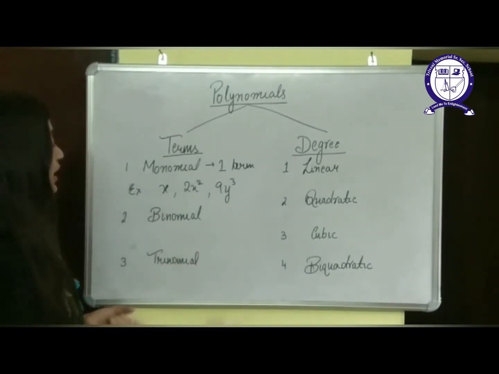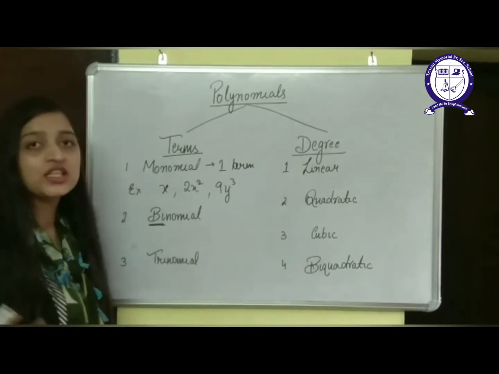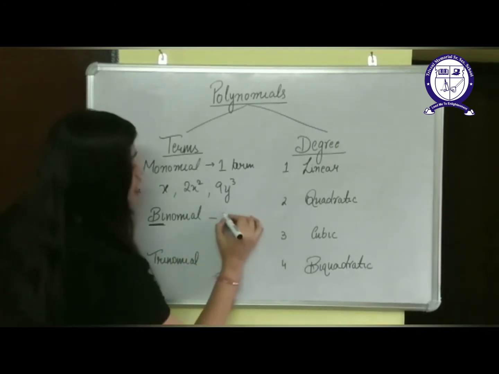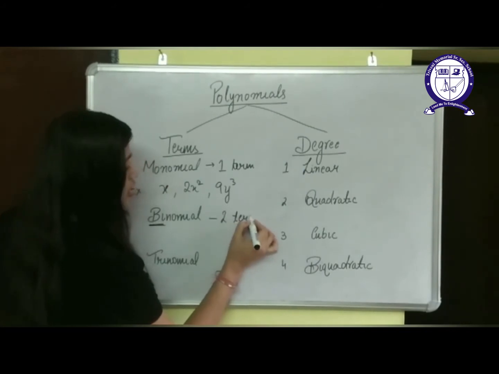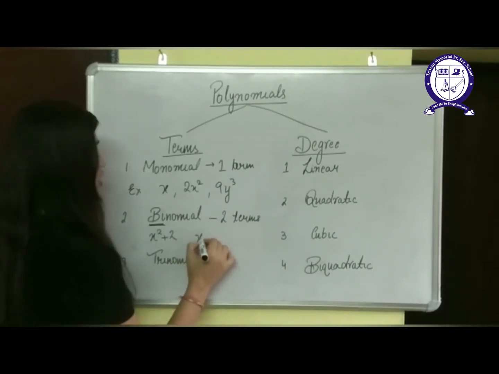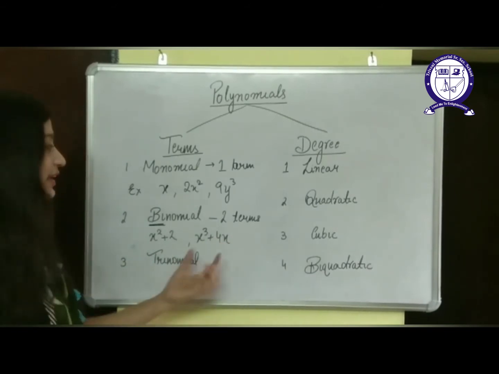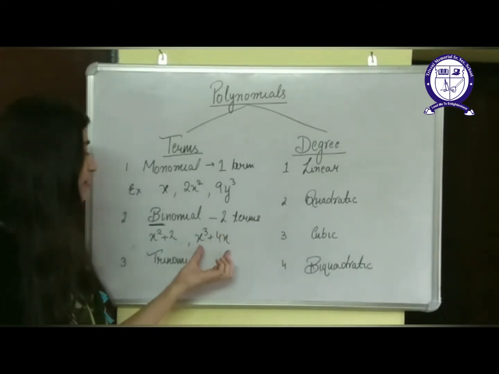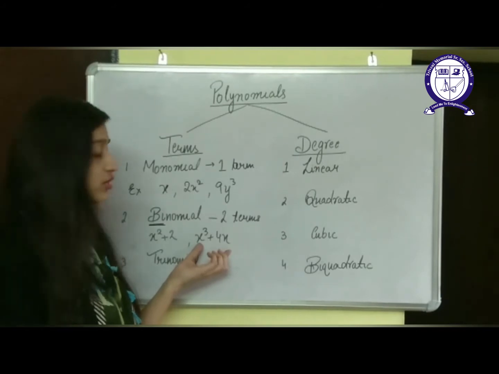Now binomial. Bi itself means 2. So it has 2 terms. So 2 terms can be like x square plus 2 or x cube plus 4x. So any expression having 2 terms.